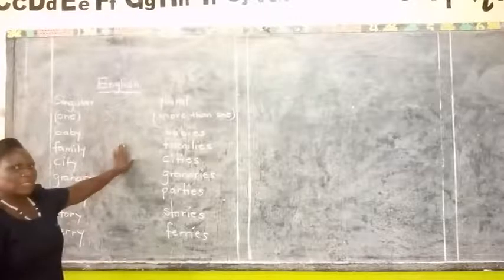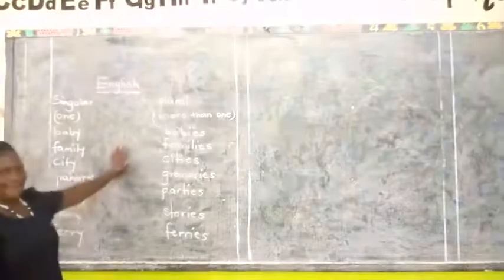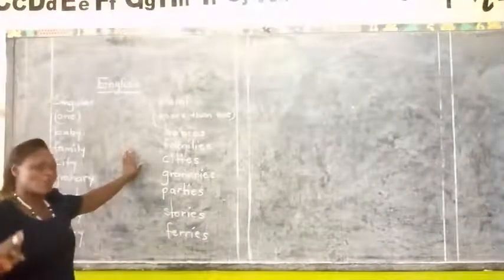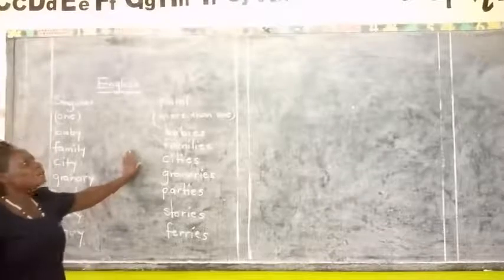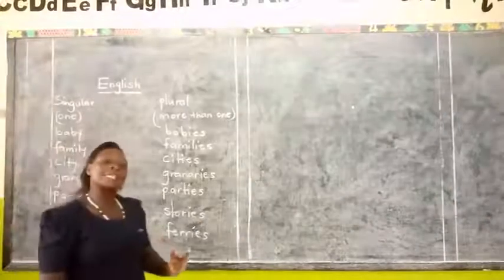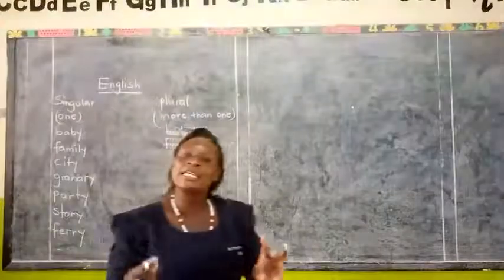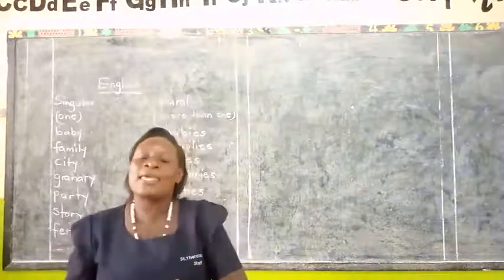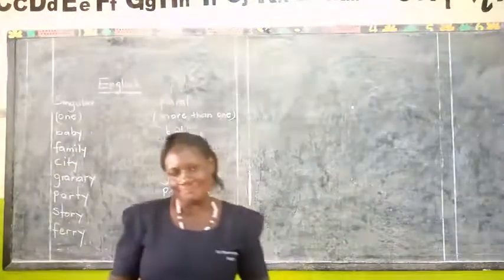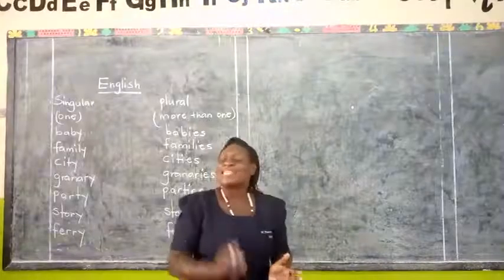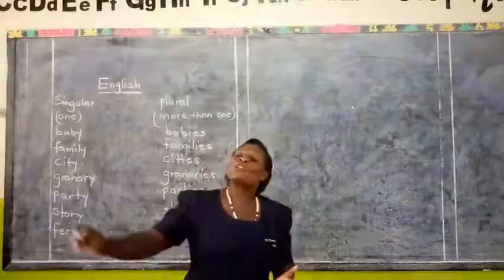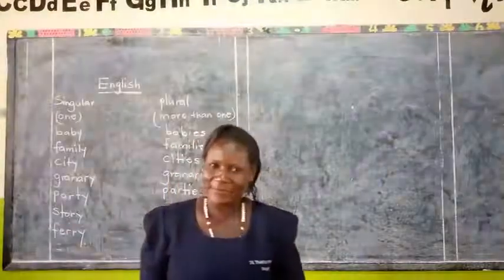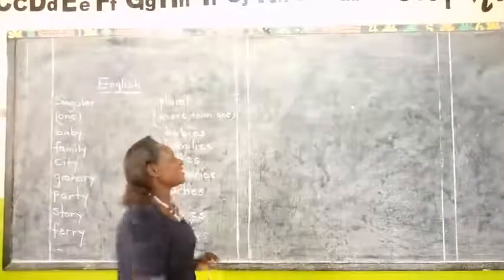There are those which take IES, and the ones we are going to look at this morning end with the letter Y, but they don't take IES. Instead, they take only letter S. Why? Because this letter Y is next to the vowel. So you just add on letter S to the letter Y. Don't get confused. We shall get there.